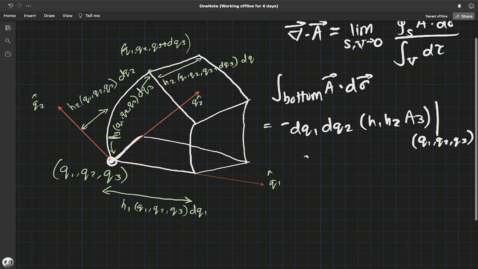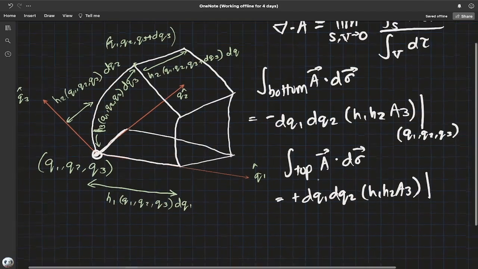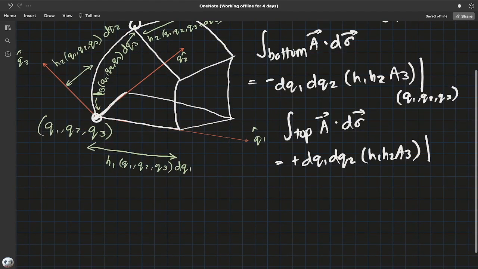For the top face, A dot d sigma, we just have the positive sign, dq1, dq2, h1, h2, A3, evaluated now at this top reference point, because we are on the top face, which will now be q1, q2, q3 plus dq3.